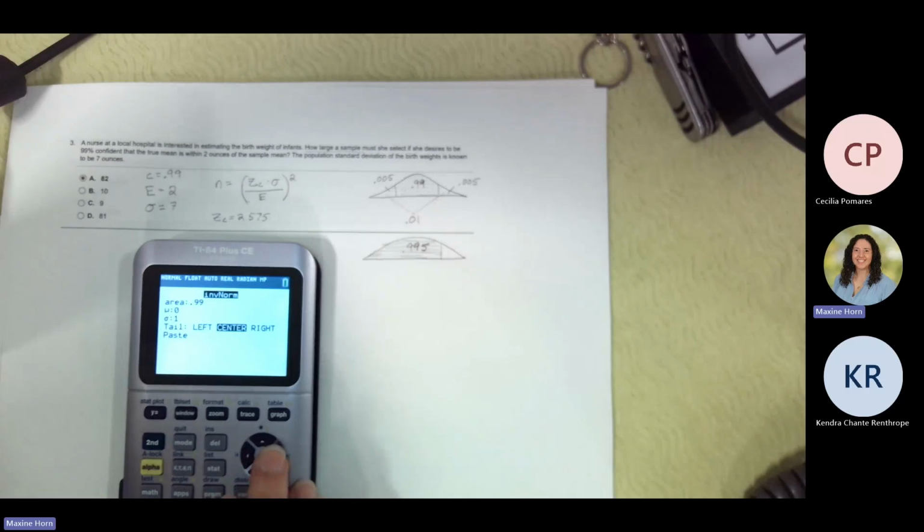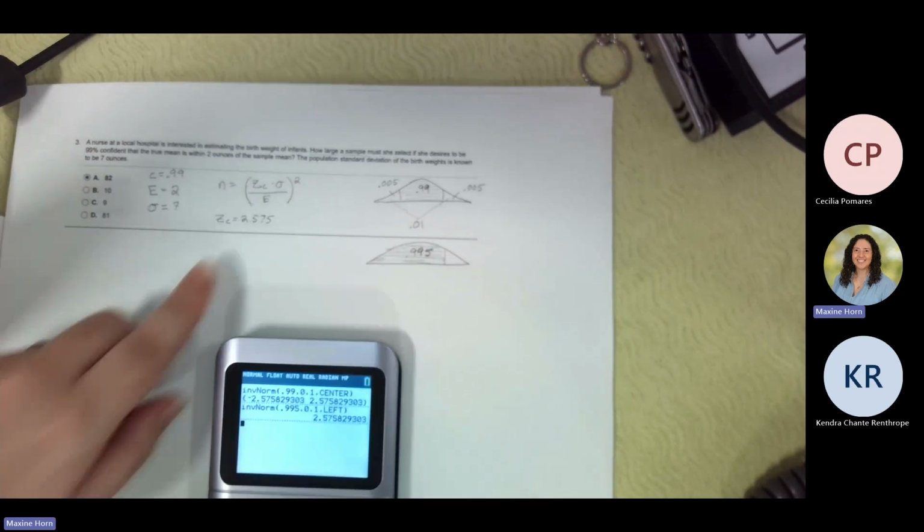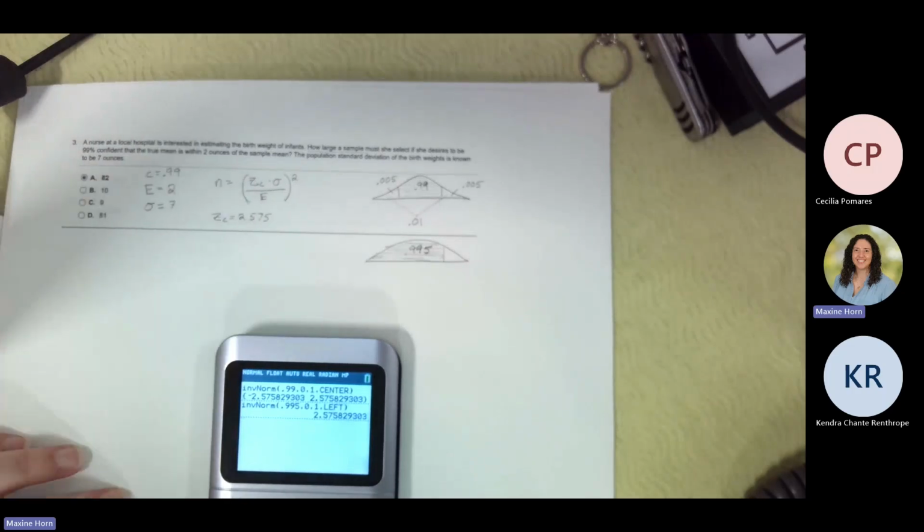Then you have to tell it that it's 0.995 if all it can do is the area to the left. Okay, and you're still ending up with 2.575. So you have several options for how to get your corresponding z-score, but whichever option you choose, you're getting the same z-score. Now that we have that, we can plug it into the formula.